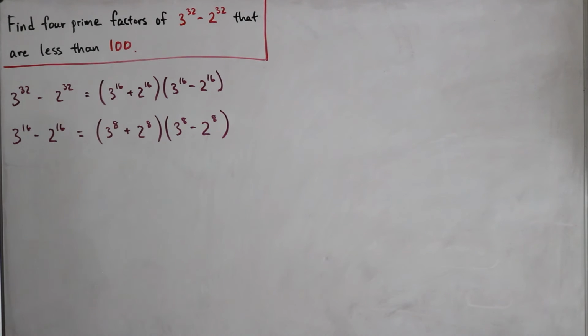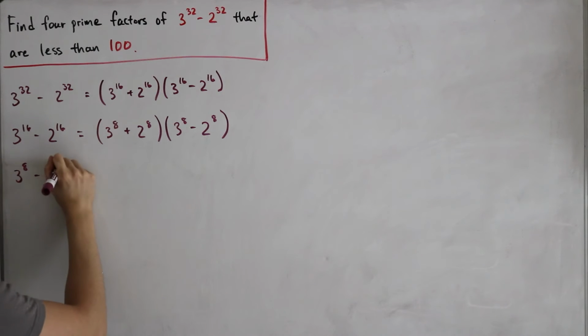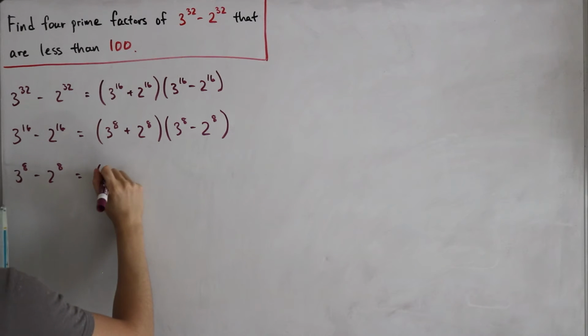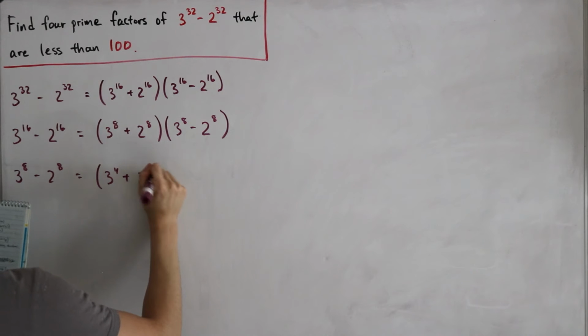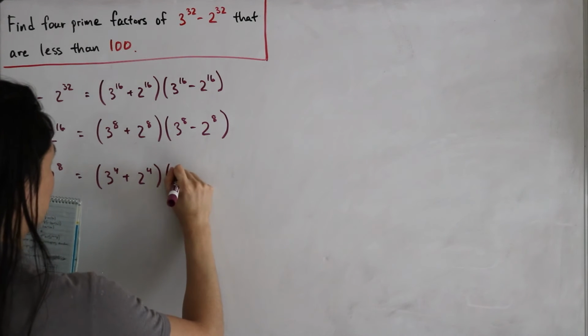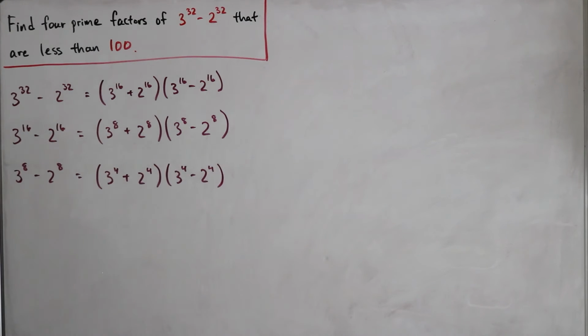Same thing again. Why don't we do that a third time? 3 to the power 8 minus 2 to the power 8 is 3 to the power 4 plus 2 to the power 4, multiplied by 3 to the power 4 minus 2 to the power 4.